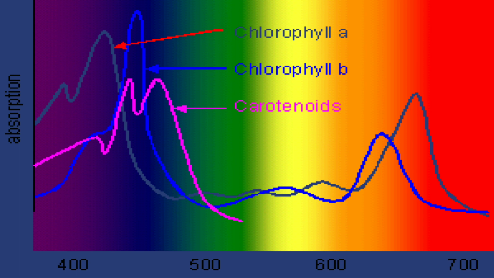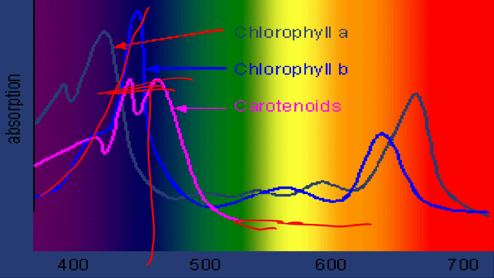Then we see in this graph, carotenoids absorb maximum light from 442 up to 642, and this is the maximum light absorbed by chlorophyll A and chlorophyll B.